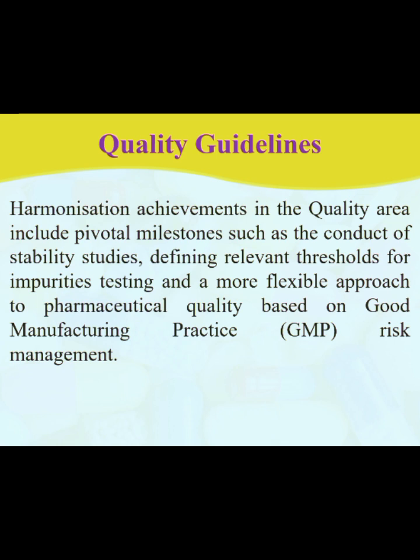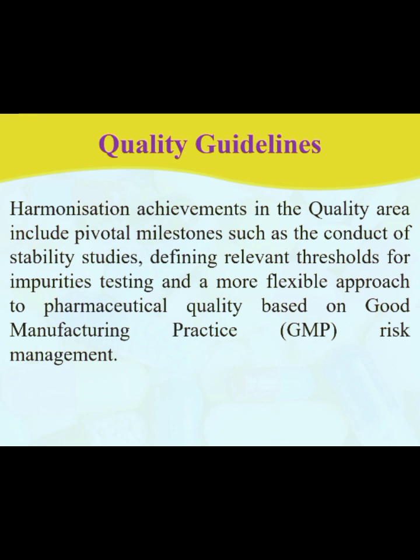So what are quality guidelines? The harmonization achievements in the quality area include pivotal milestones such as the conduct of stability studies, defining relevant thresholds for impurity testing, and more flexible approach to pharmaceutical quality based on good manufacturing practice, GMP, risk management.